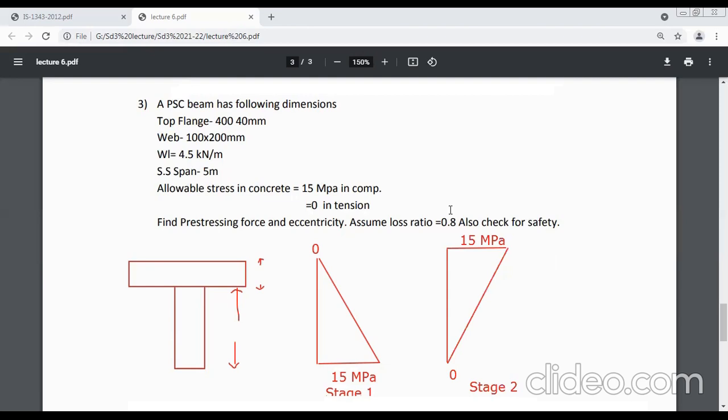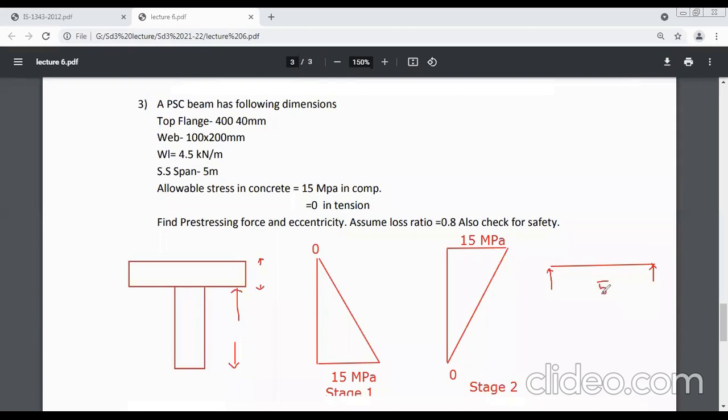So the beam is given as a simply supported beam. The span of the beam is 5 meter.